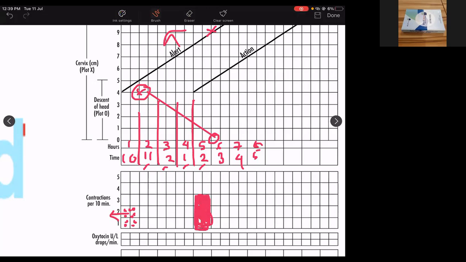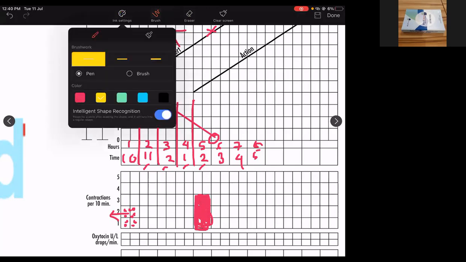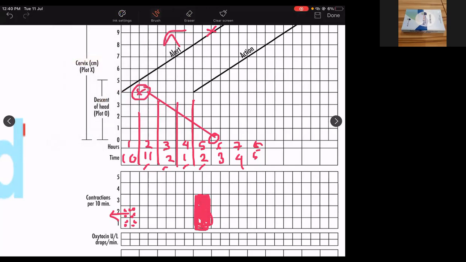So now the issue comes here. This is where she was having weak contractions, and here you examine she's having strong contractions. So it is assumed that this space here is supposed to be this. She must have been having strong contractions for her to have achieved what she has achieved.